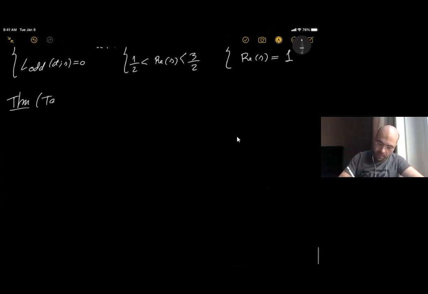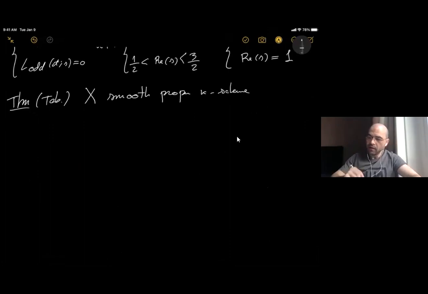It says the following. Suppose that you have your favorite algebraic variety, your favorite smooth proper k-scheme. Then there are two things you can do.